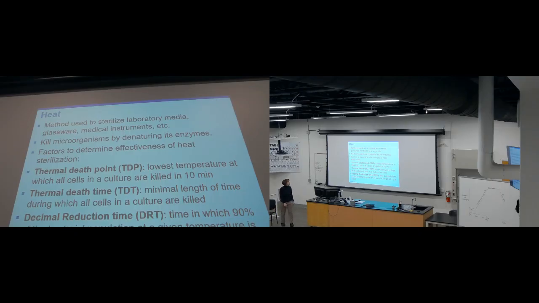We have an increase of temperature that is higher than the actual normal temperature the microbe uses to grow. And this is the most commonly used method to sterilize medical instruments, instruments from the lab, and glassware, which are lab instruments, basically.